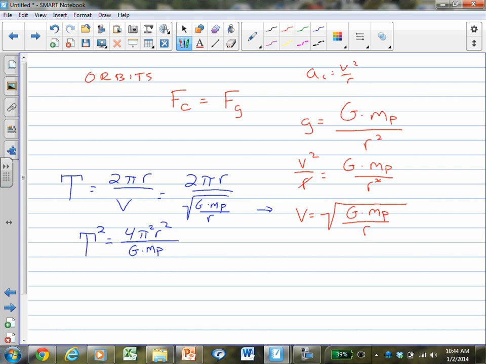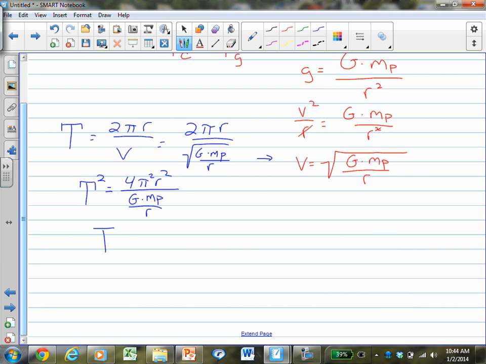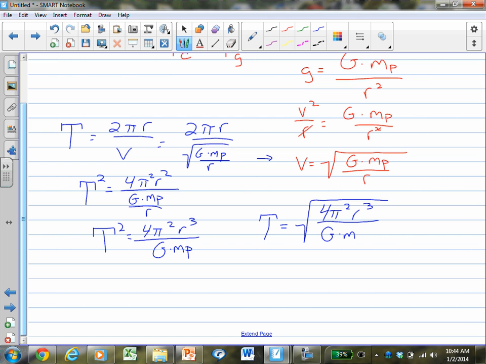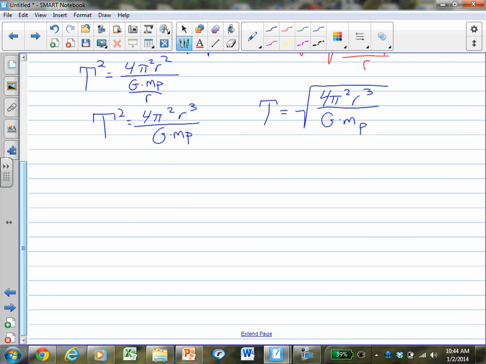Then flipping over and bringing the r up, T squared is 4 pi squared r cubed over G times Mp. And then if we take the square root again, T is the square root of 4 pi squared r cubed over G times Mp. And that gives us the period for a satellite orbiting a planet.